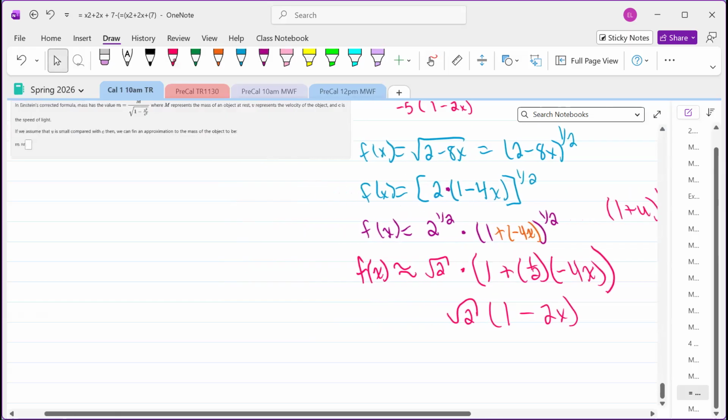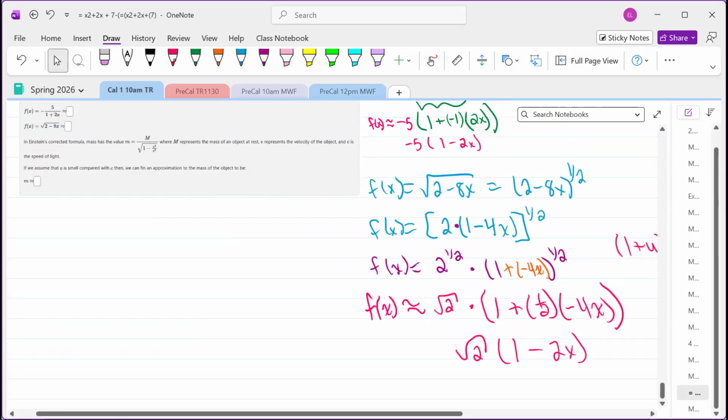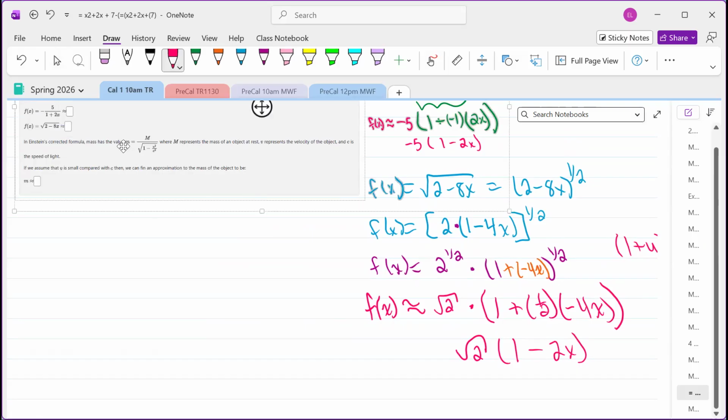And then we get the last part, and the last part is asking us to work with a really stupid looking formula. So in Einstein's corrected formula, mass has the value m equals blah, where big M represents the mass of an object at rest, v represents the velocity of the object, and c is the speed of light.